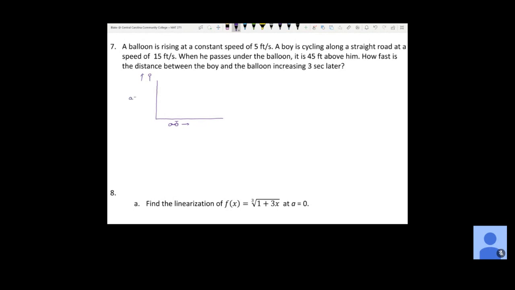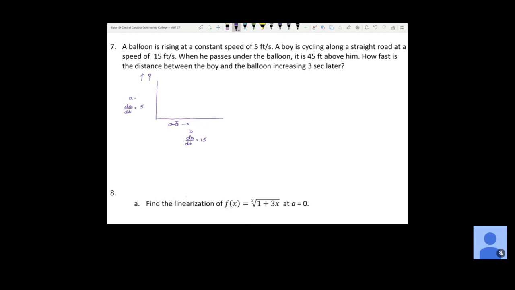So if we call this side A and this side over here B, think about the rates of each one of those now. All right, so what's our dA/dt value going to be? That's the 5, right? So that's the 5 feet per second that the balloon is rising. dB/dt is going to be what? That's our 15, right? So the bike is traveling at 15 feet per second.